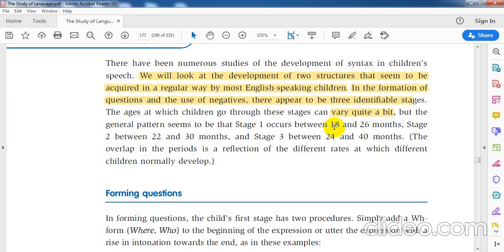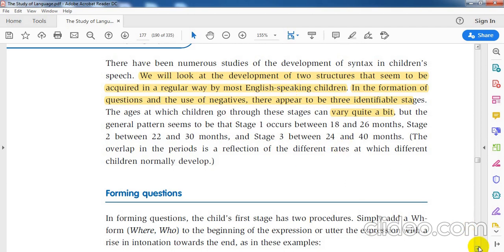Or maybe after the 26 months, maybe with the 30 months instead. So we keep in mind that this is applicable to most English-speaking children, not all English-speaking children. At the same time, those children we are talking about have nothing wrong with their own ability to hear and to produce the language.